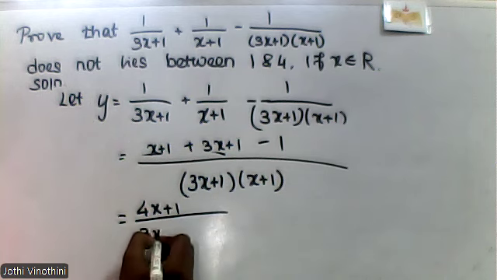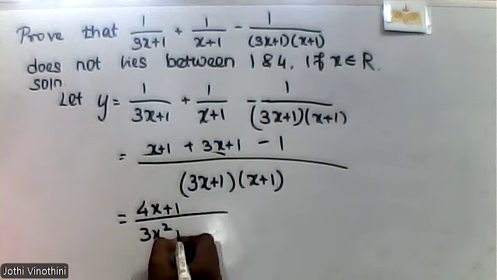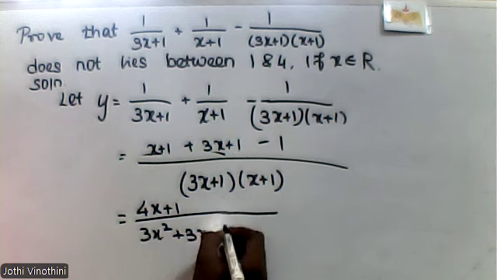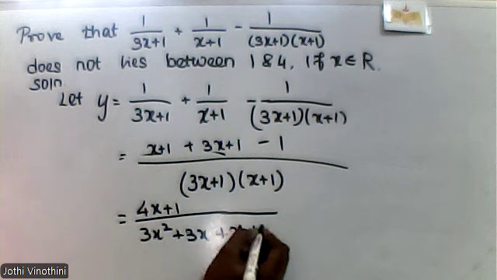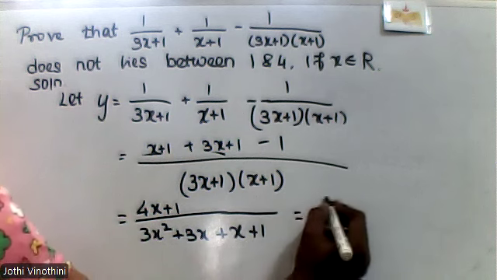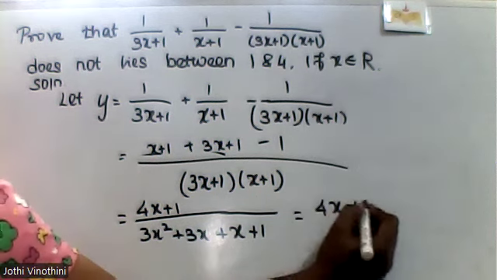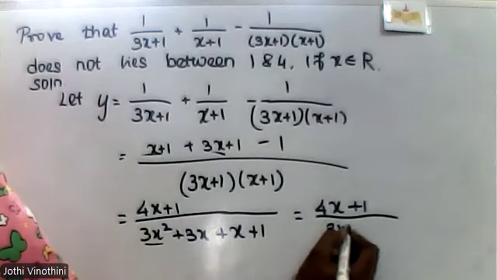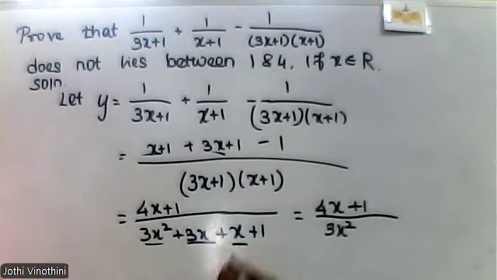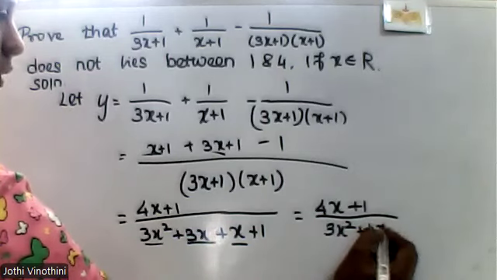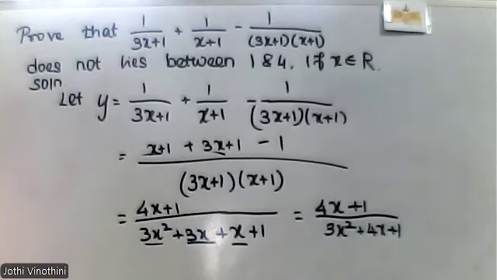So 3x squared plus 3x. Now I am going to multiply it by 1. So it will become x plus 1. We can again simplify this. So it will become 4x plus 1 divided by 3x squared. See here on 3x, here on x. So it will become 4x plus 1.